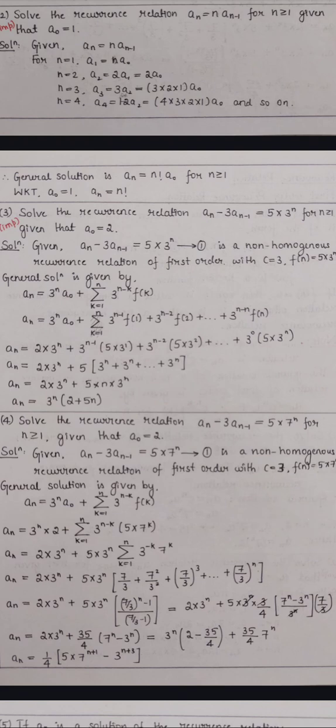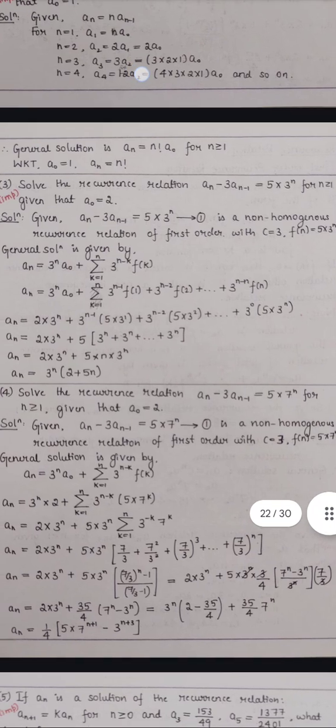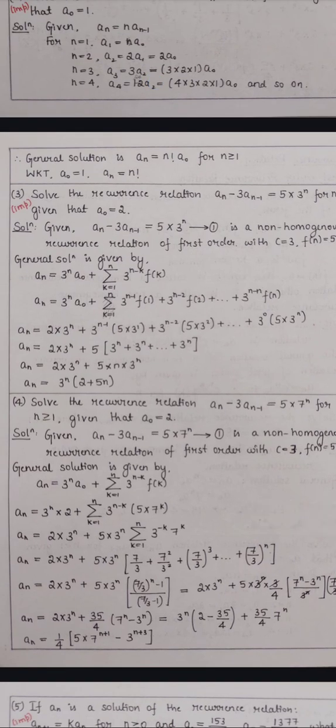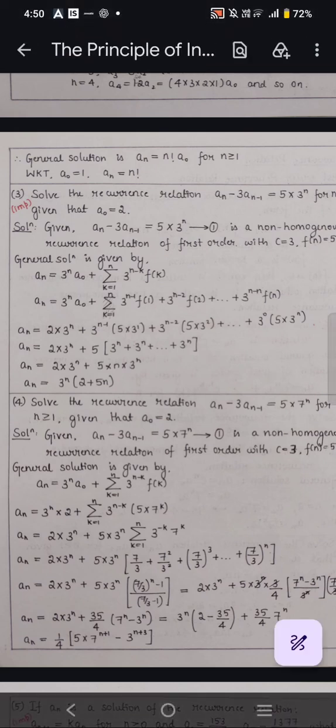For a general solution for this, this comes on the right side, 3 a_{n-1}. For that we have a_n equals 3^n a_0, and a_0 they have given is 3, plus summation k equals 1 to n 3^(n-k) into f of k.